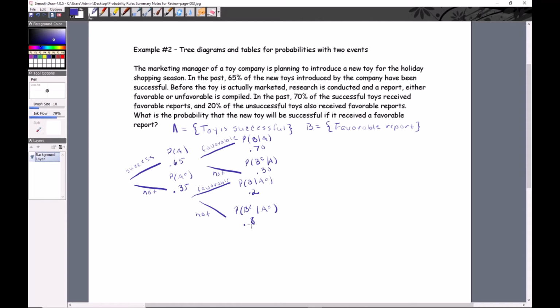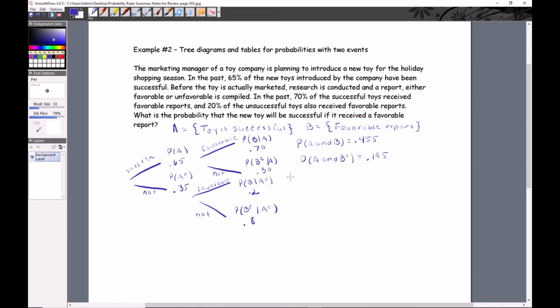If you then travel along these branches, you can get all the joint probabilities, all right? So this will be the probability of A and B, and that's the product of these two, so that'll be 0.455. Check these. This will be the probability of A and B complement, and you just go down to here. 0.65 times 0.3 is 0.195.